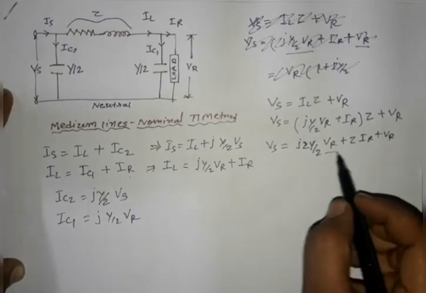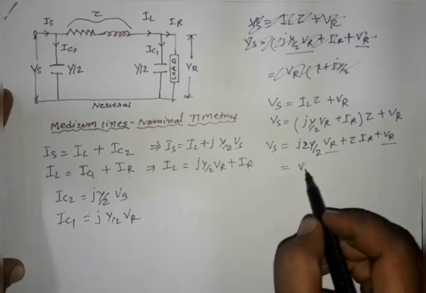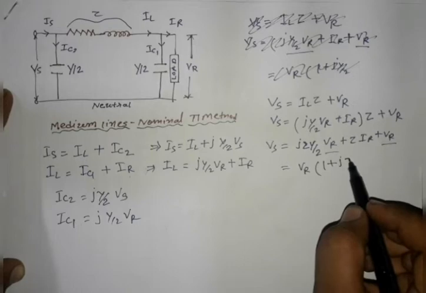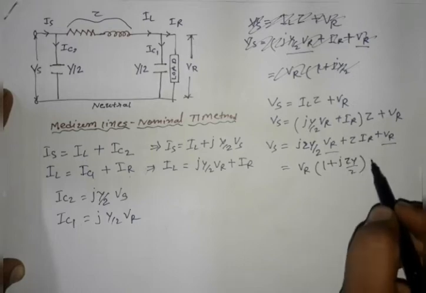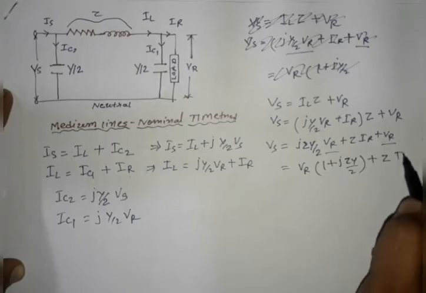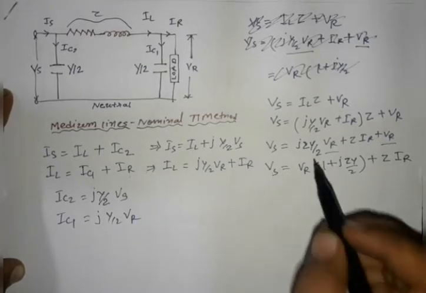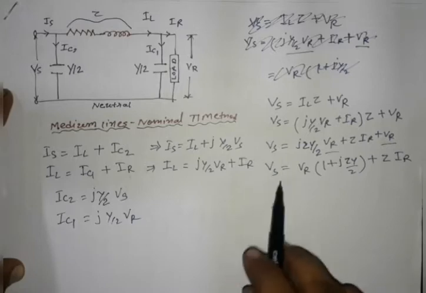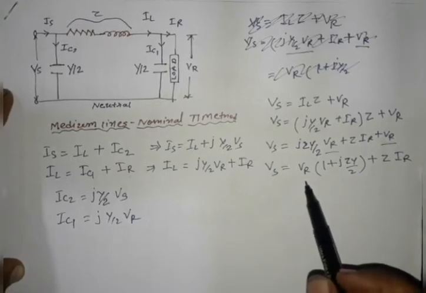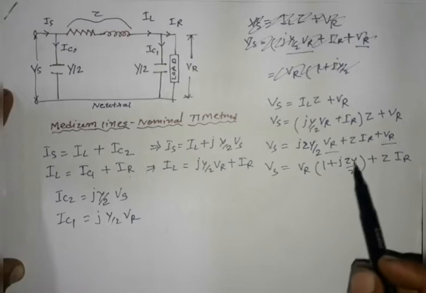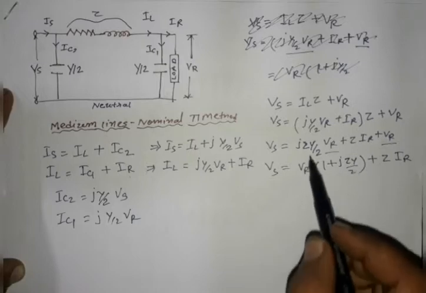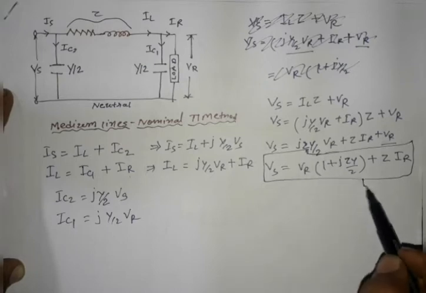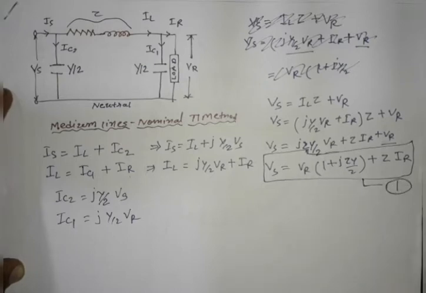Now take the common value of Vr. We get Vr times 1 plus jZY by 2, plus Z into IR. So now here we see that the equation is in sending end voltage form, and we also have Vr and IR values, and the others are constants. So here is the sending end voltage equation for our ABCD parameters, equation number 1.